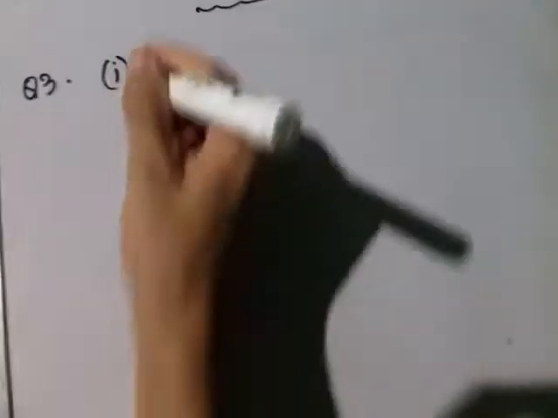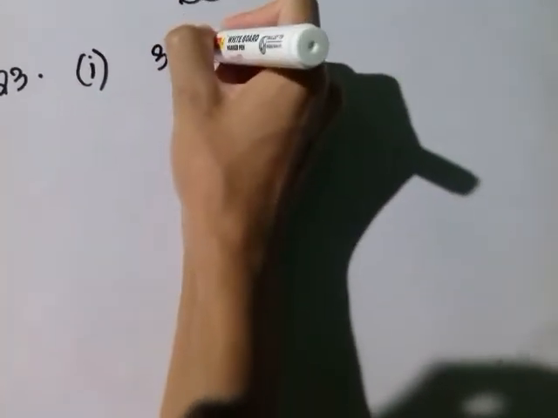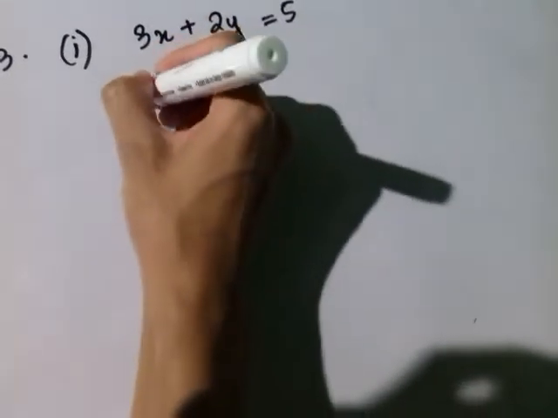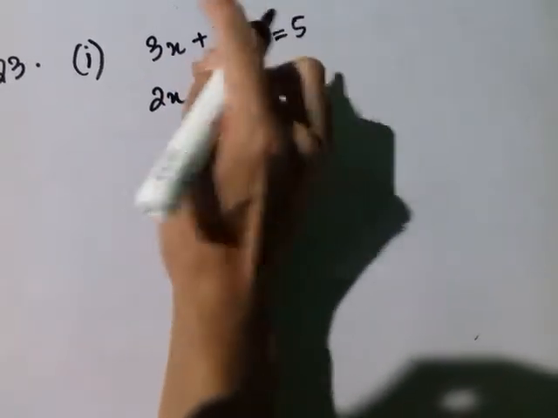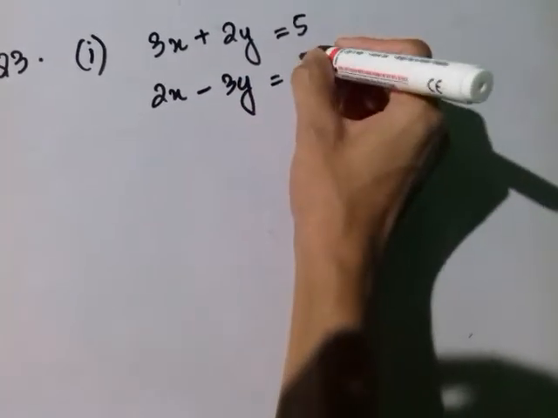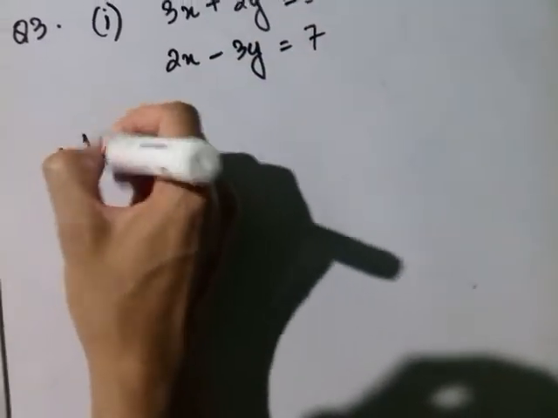So what is Roman number 1? 3x plus 2y equals 5, and 2x minus 3y equals 7. So here we will do the solution.